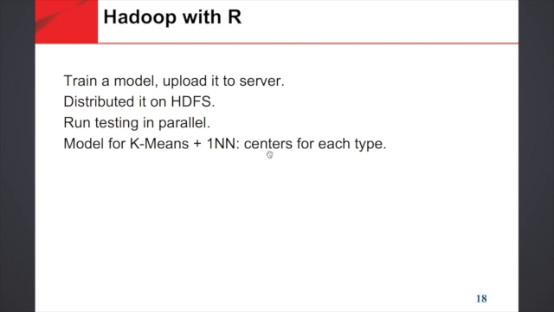I store all of the centers into a file and upload it to the server. Then load it again in the mapper. So when I process each of the records, I calculate the distance between it and each of the centers, find the minimum point and assign the type to this test data. In the reducer, I output into a file.